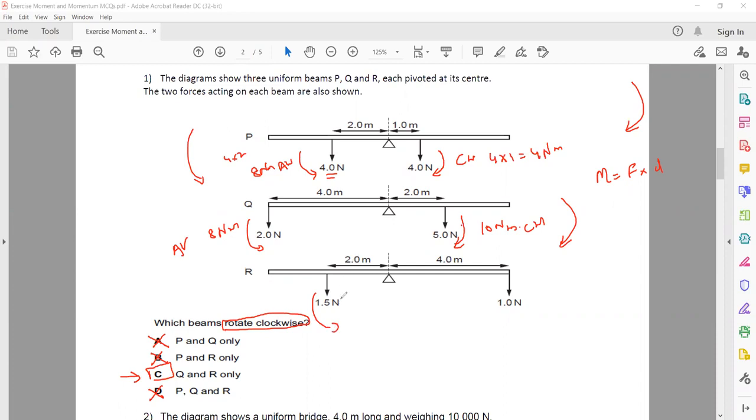For R, 1.5 into 2 equals 3 Newton meter, and 1 into 4 equals 4 Newton meter, so that will also rotate clockwise. So Q and R will rotate clockwise, but we already worked out that P will rotate anti-clockwise. So options which include P cannot be right. All options A, B and D include P. So that's why it is C.